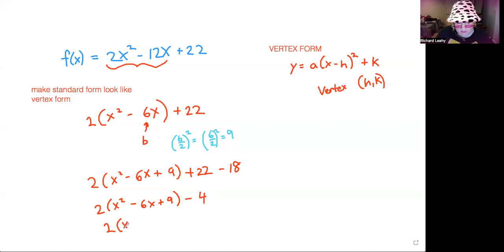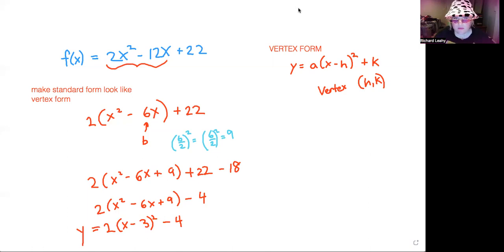It's always going to be the same factor. That's what it's designed to do. So we say (x minus 3) quantity squared. And now you have it in vertex form. That's how we go from standard to vertex form.